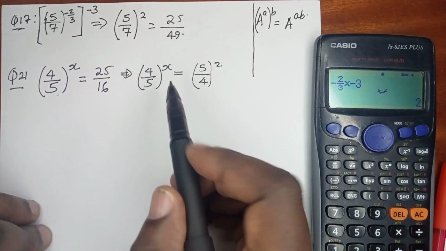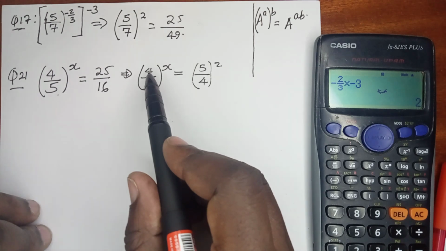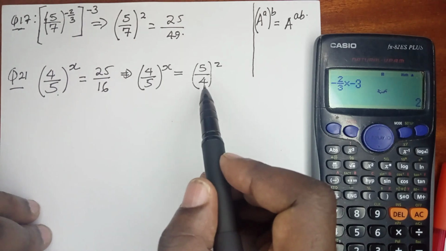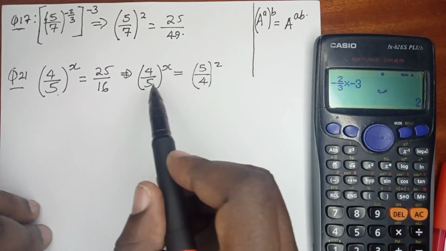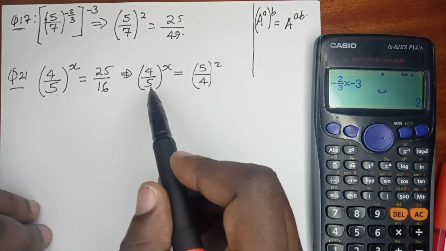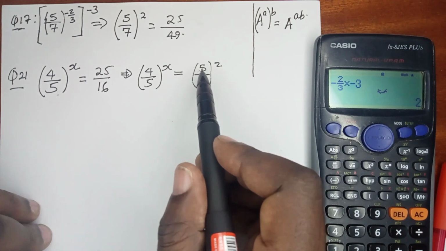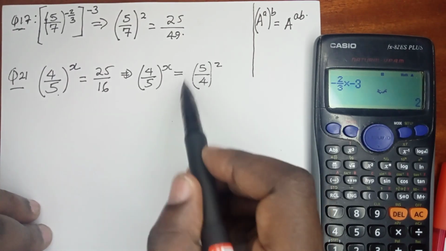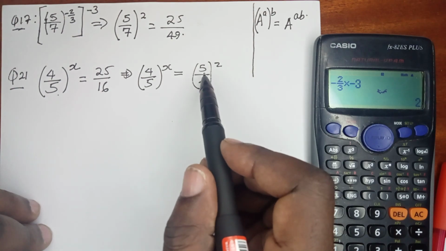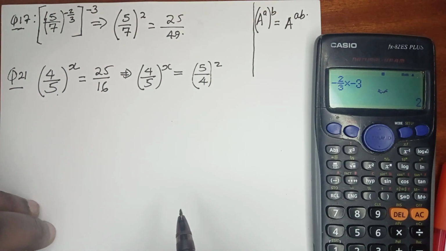And it looks like the numerator is more related to the denominator of the second term, and likewise the denominator of the first term is more related to the numerator of the second term. That means, by all means, we have to flip one of them so that we can actually change the sign of the index.